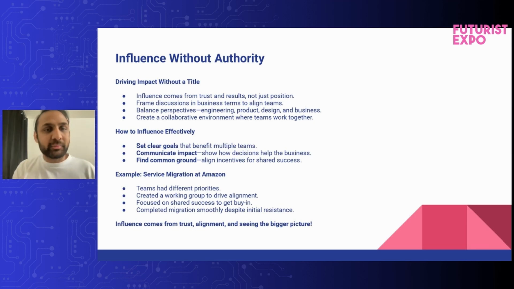Balance the perspective from different stakeholders, and make an environment where people feel that this project is related to them, not only to that particular team. For example, for a service migration at Amazon, we had to work across 5 different teams who were using the data.